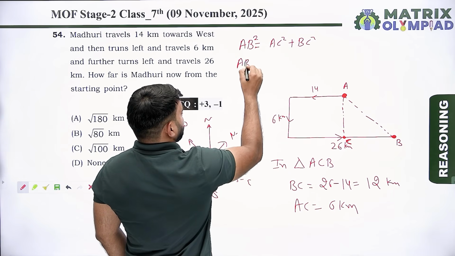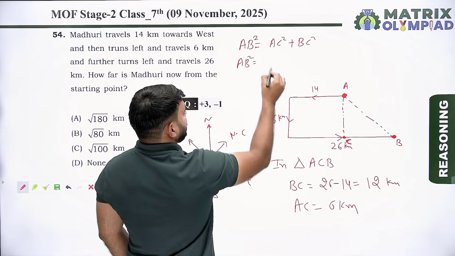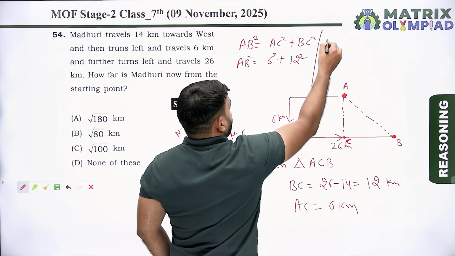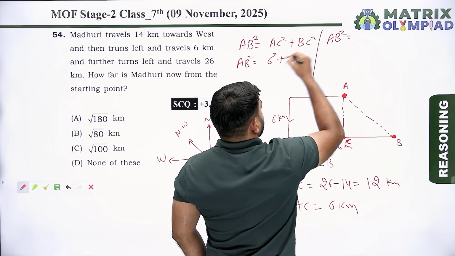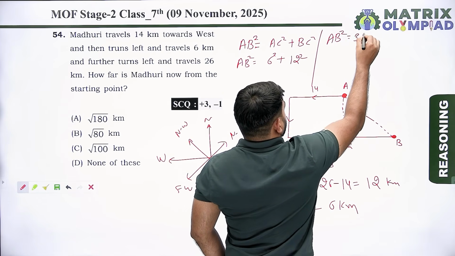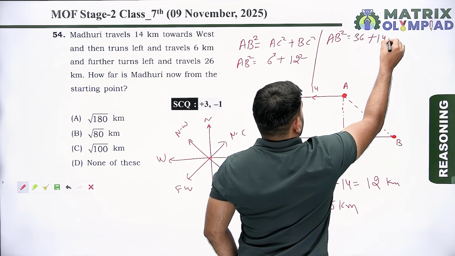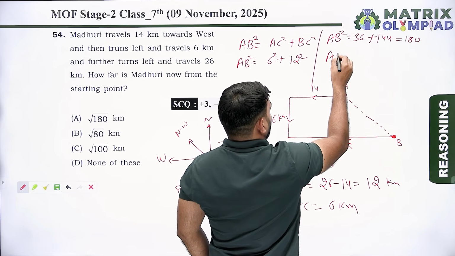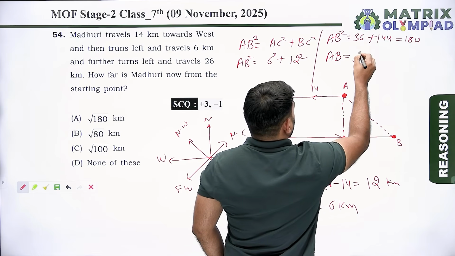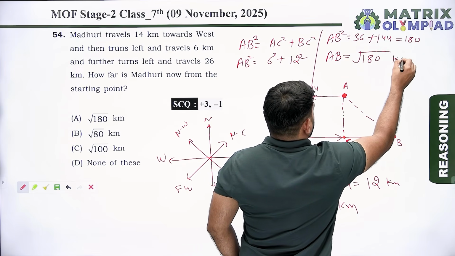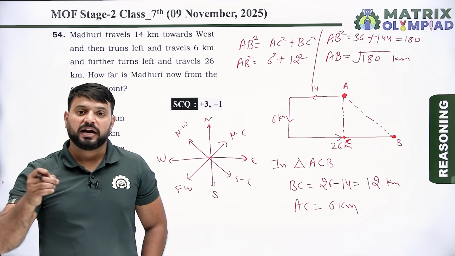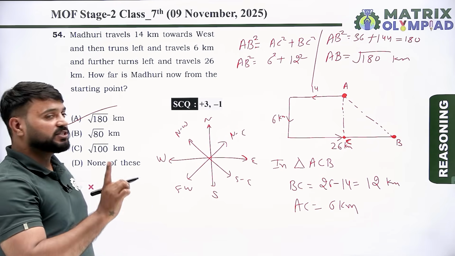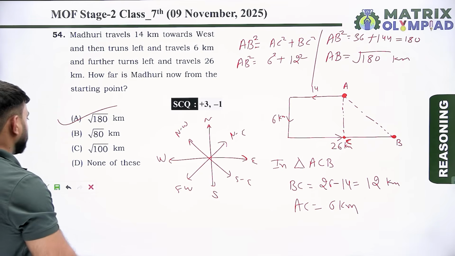So AB square is equal to 6 square plus 12 square, it means 36 plus 144. 36 plus 144, it means 180. So now the value of AB is equal to root 180 kilometer. So the distance between starting point and final point is root 180 kilometers. So here option A is the correct answer of this question.